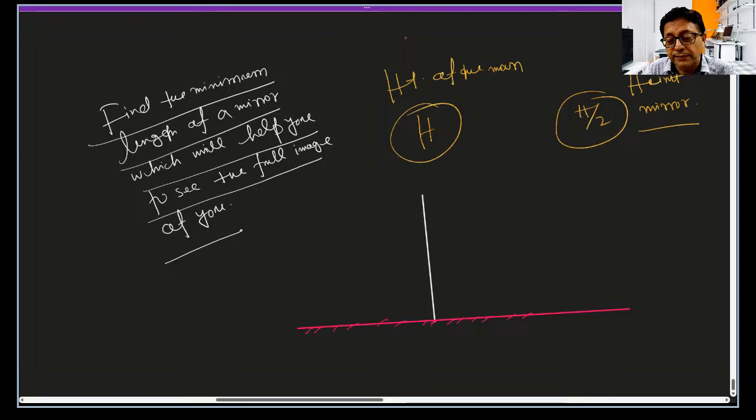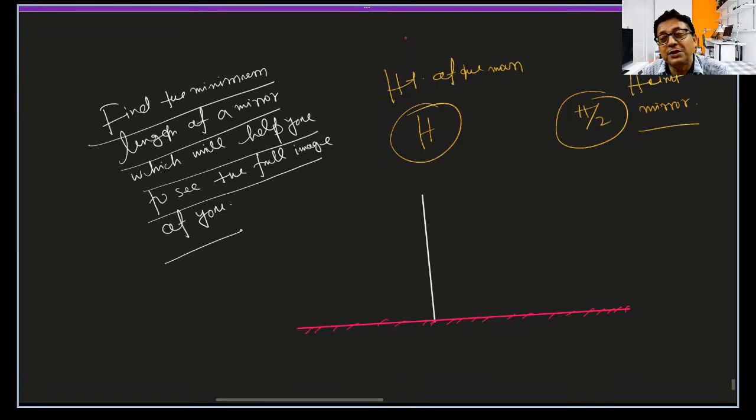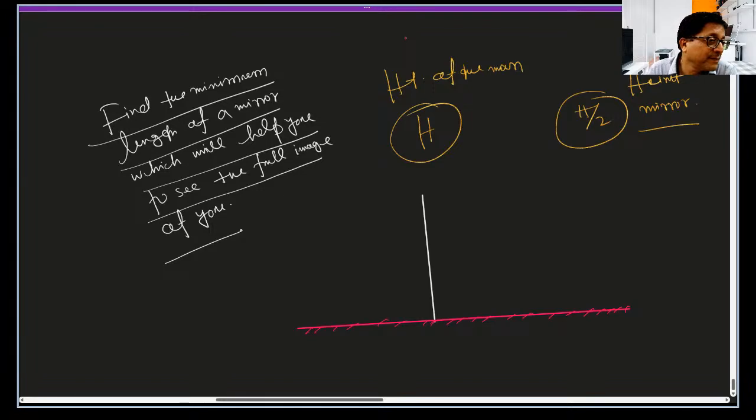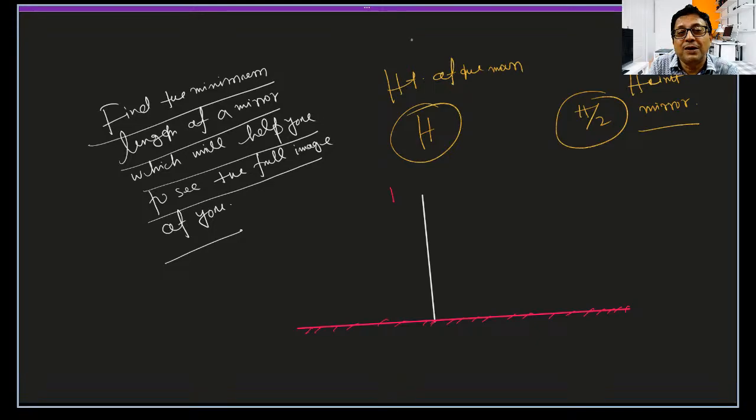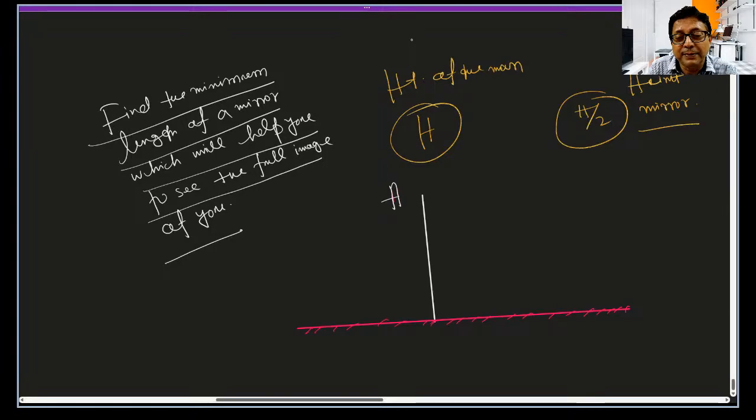So your feet, your eyes and your head, these three are very important. Your feet, let us take this one as F. This one as AB. AB is the man and his eye is there. Okay? Eye is there.